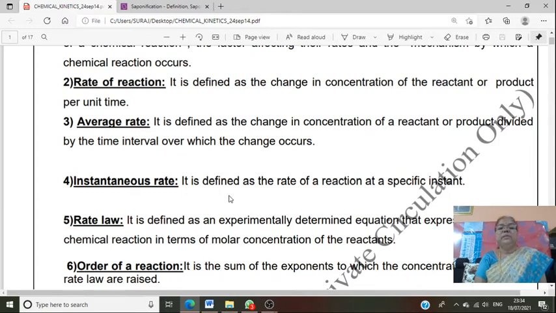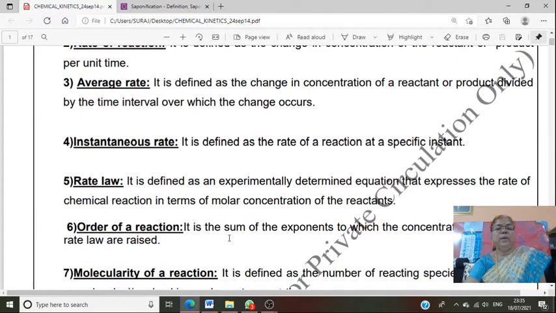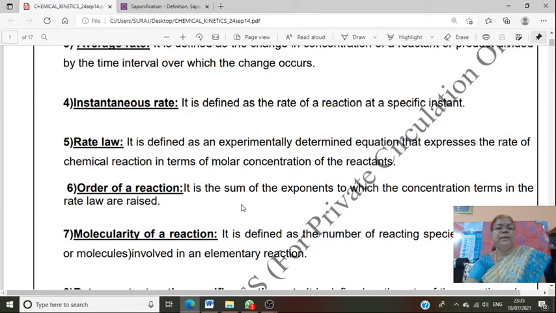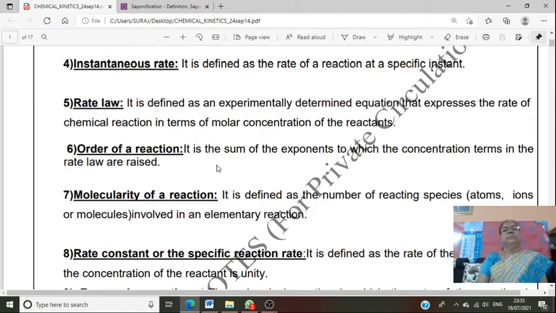at a specific instant. Then a rate law is defined as the experimentally determined equation that expresses the rate of chemical reaction in terms of molar concentrations of reactant. Then the next term that you have studied is the order of reaction.